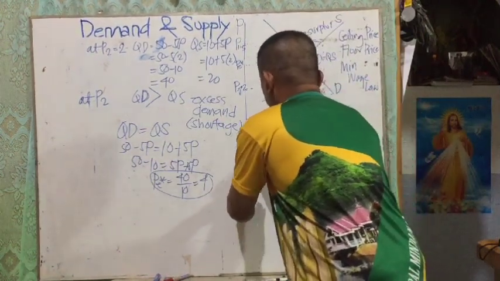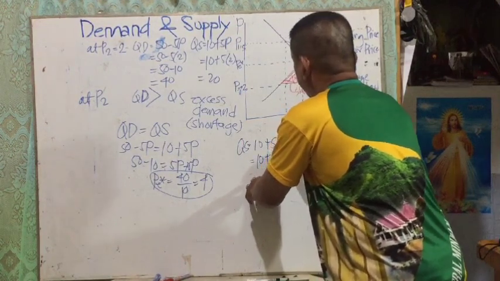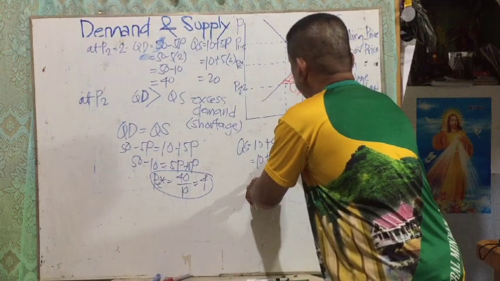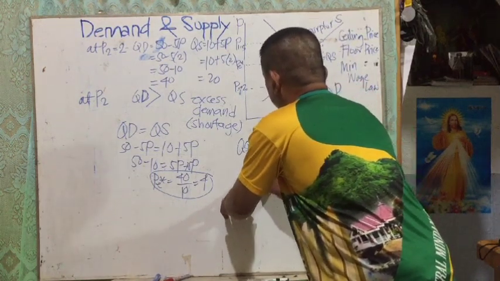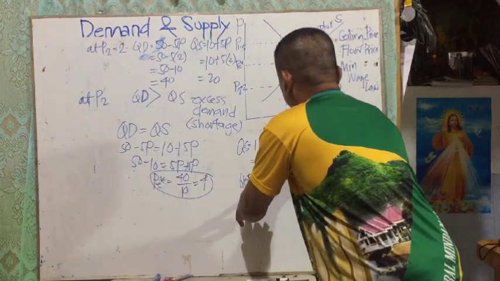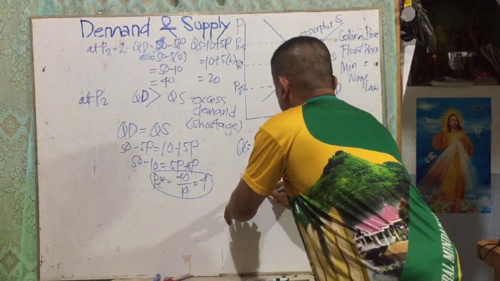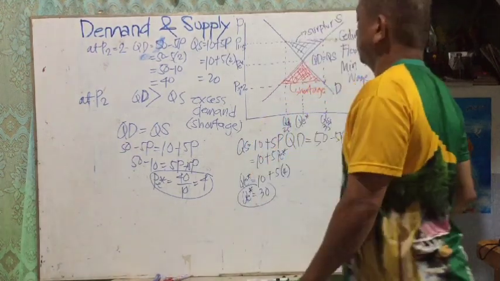If the price is 4, that becomes 10 plus 5 times the PE star. So this will become the QE star, equal to 10 plus 5 times 4. So that is equal to 30. QE star will now be 30.